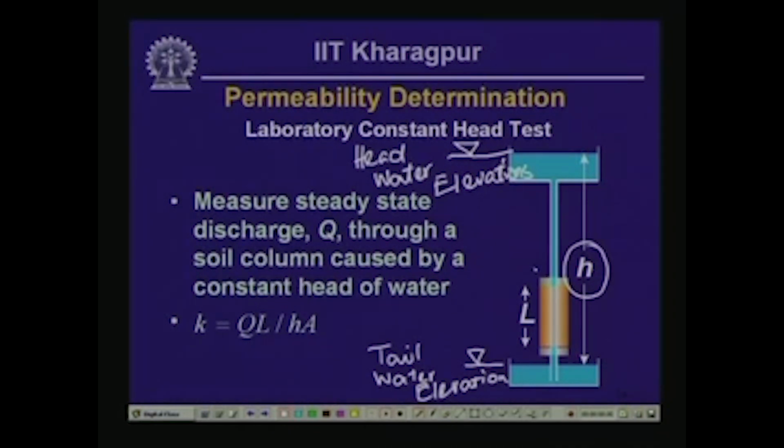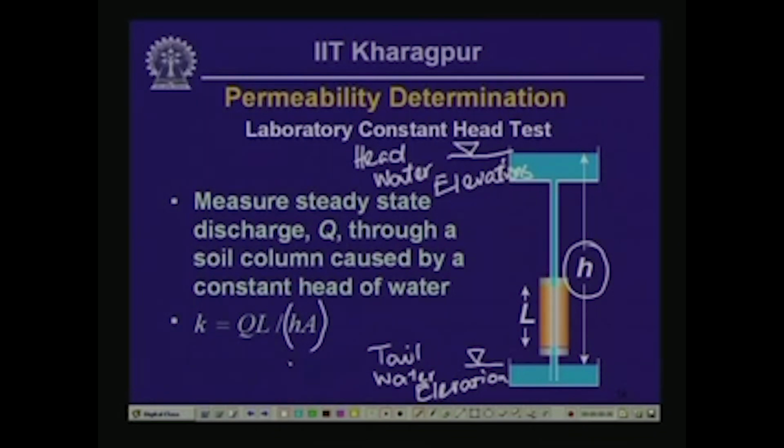In this case, the permeability is simply given by the flow through the specimen, Q, in meter cube per second, multiplied by the length of the specimen, L, over the head loss H multiplied by the cross sectional area of the specimen, A. So H multiplied by A is in the denominator of this expression.